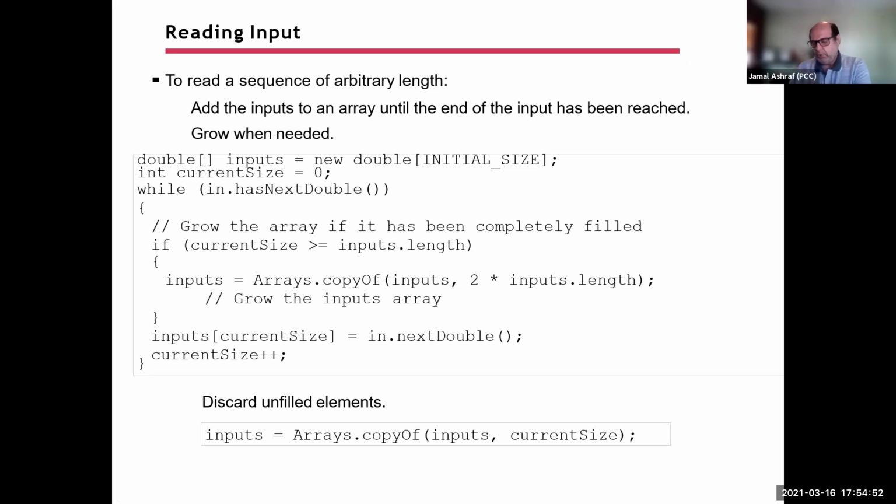I copy the old one into the new one. In this case, I have both of them with the same name. So I am grabbing the inputs and putting them in the inputs. If I have a different name, which I shouldn't, it's okay, it's going to work too. So I copy the old one to the new one, and I put it into the same name.